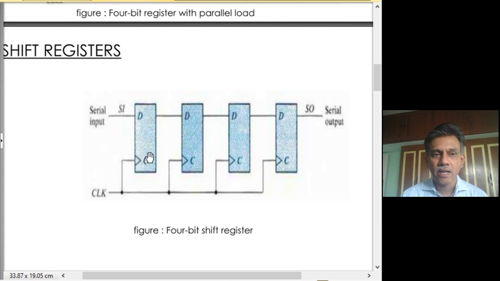We already looked at that each D flip-flop can be a master slave flip-flop with 2 latches, and each latch would be a cross-coupled NOR or NAND gate. So we are encapsulating the circuitry and coming up with the building block at various levels.